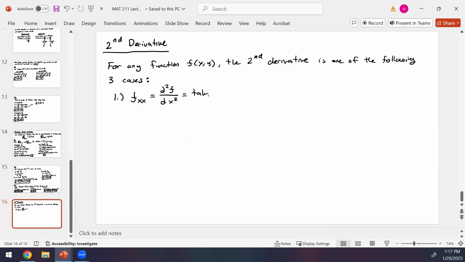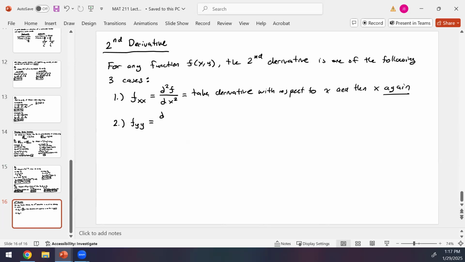And then this just means take derivative with respect to x and then x again, right? You do it again, one more time. Keep going. So x and x again. The second case is, okay, if I started with y, then I say do y again.